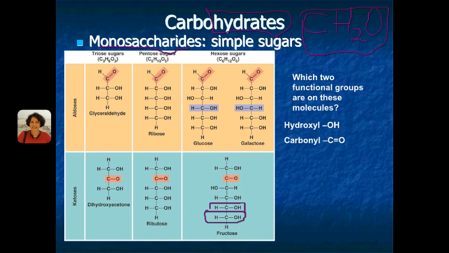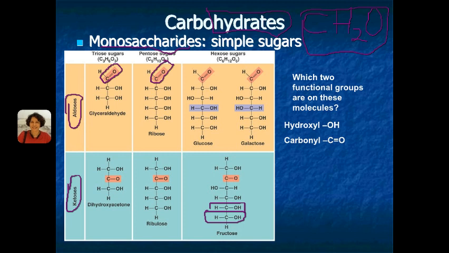We see that in this table there is a distinction made between aldoses and ketoses. In general, aldoses have a carbonyl group. In fact, all monosaccharides have a carbonyl group. As you can see, I'm circling these two carbonyl groups on glyceraldehyde and ribose.